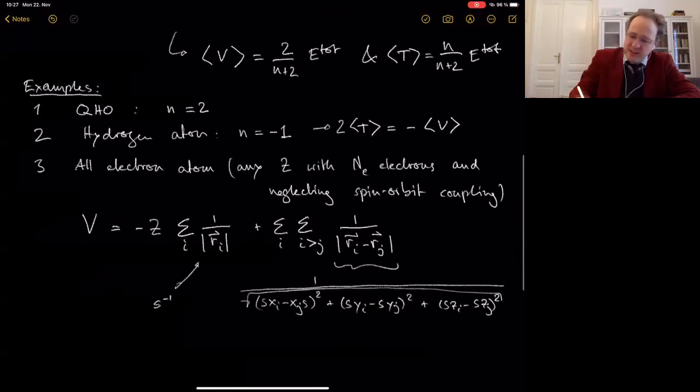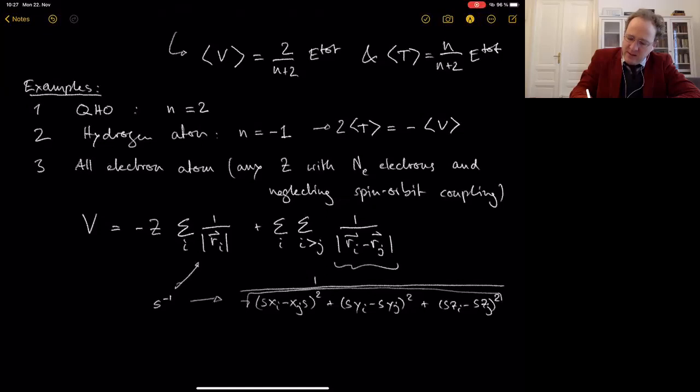And now if you consider this term, you see that you have the same prefix s to the minus 1. So also for the all-electron atom, you have the same Virial theorem as for the hydrogen atom.